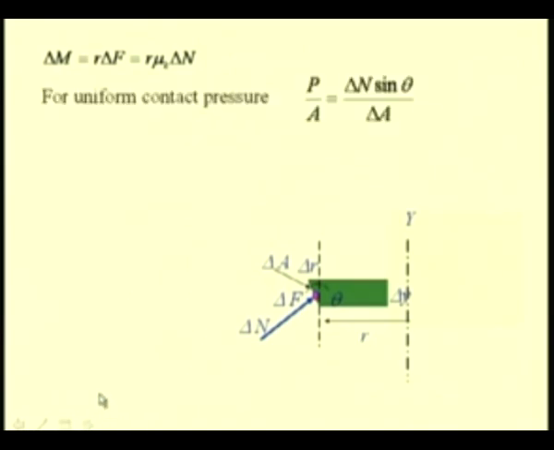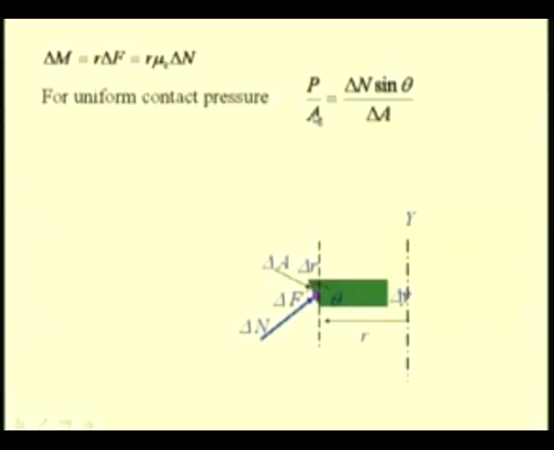Now, for uniform contact pressure, that means the conical face is having a uniform contact throughout from its minimum radius r1 to maximum radius r2.